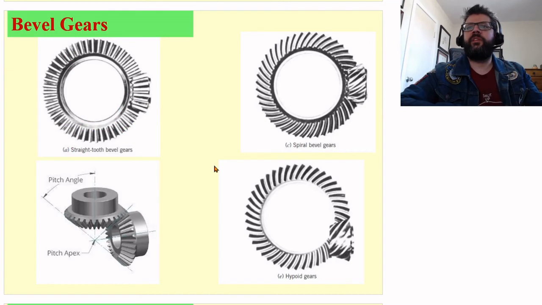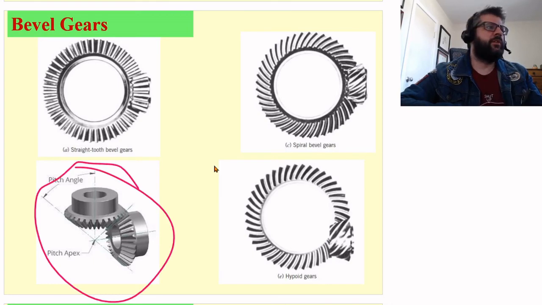So you can get them straight cut, you can spiral cut. Essentially, the idea is that the two bevel gears come together such that the cones that form the pitch surface come together at a point.